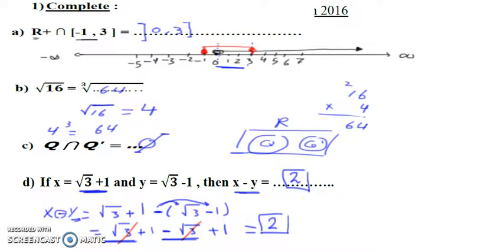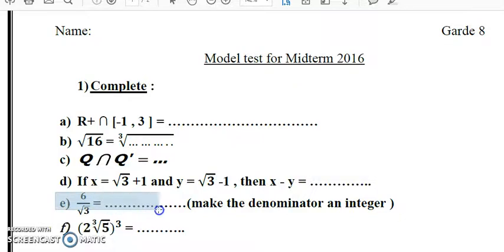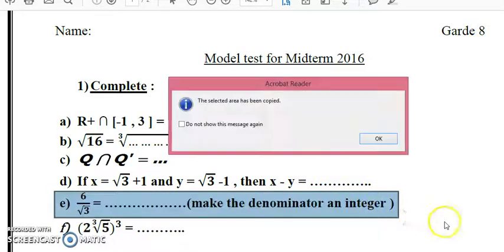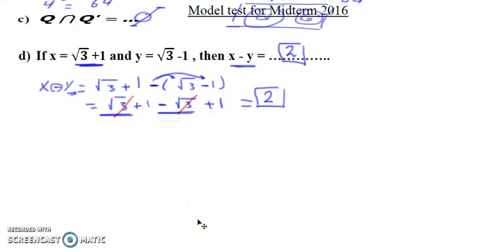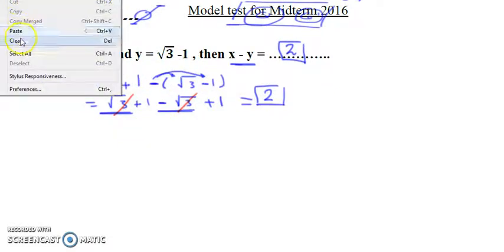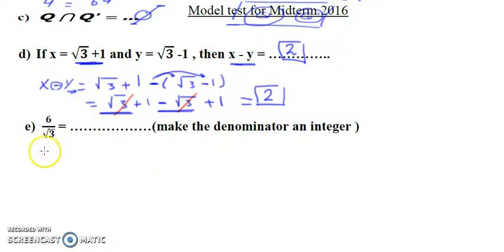Another question. In order to make the denominator an integer, with 6 over square root of 3, we multiply both the numerator and denominator by square root of 3, which is the conjugate of square root of 3.